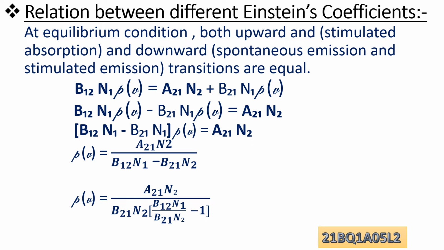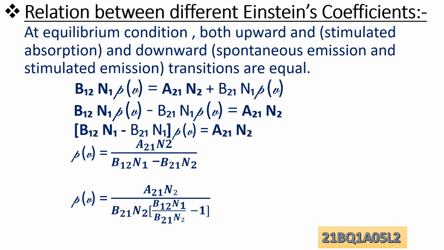Let us see the relationship between different Einstein's coefficients. At equilibrium condition, both upward, that is stimulated absorption, and downward, that is spontaneous emission and stimulated emission, transitions are equal. So we know that the rate of stimulated absorption is B12 N1 rho of nu, and the spontaneous emission rate is A21 N2, and the rate of stimulated emission is B21 N2 rho of nu.